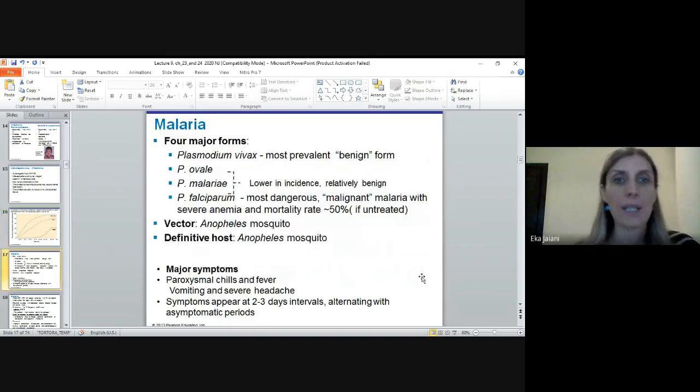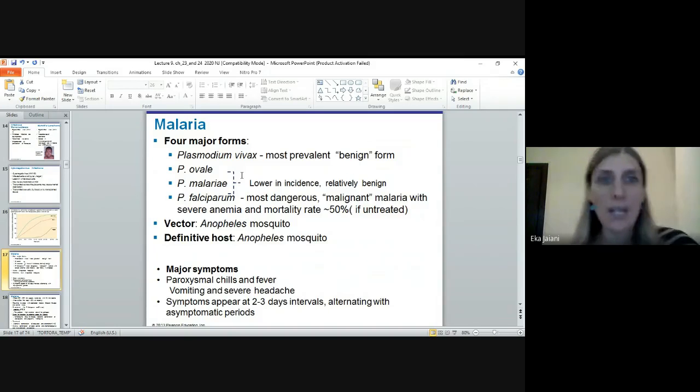Malaria, let's discuss briefly. We have several species. Here four are given. Plasmodium is a protozoan. I did not exclude malaria from the presentation because it is a very important pathogen and it grows in the red blood cells and in the liver.